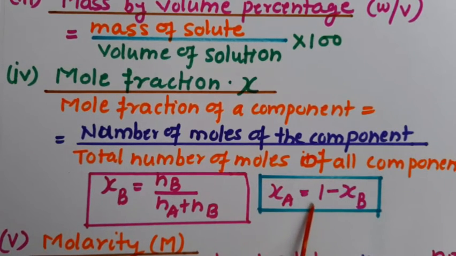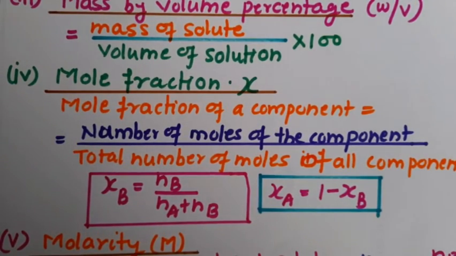We are calculating the fraction, and fraction is represented with respect to 1, that is half, 1 by 2, 1 by 4, 1 by 8, in this way. After subtracting chi B from 1, we get the value of chi A, that is the second component.